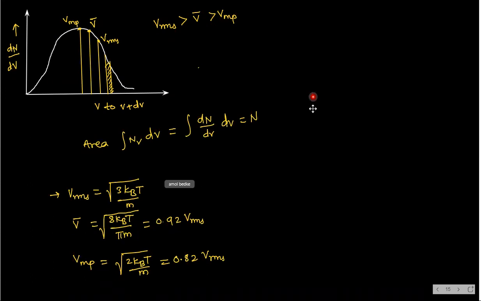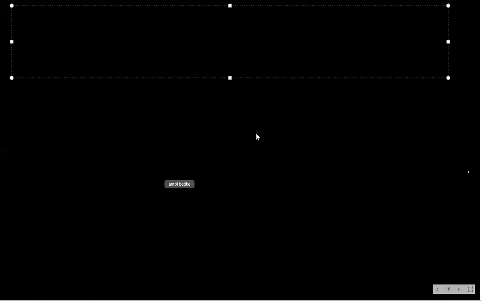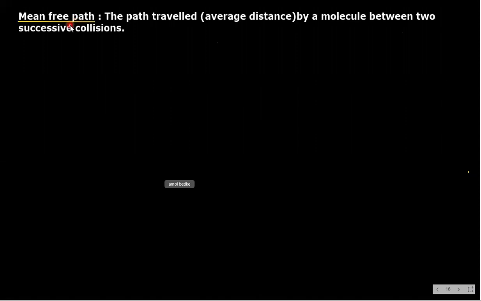Right. So note down. Next one, what is mean free path? Mean free path means the path traveled by a molecule between two successive collisions. If we take the example of two drunkards, whatever distance they have traveled before colliding with one another, that is what I think of as mean free path.